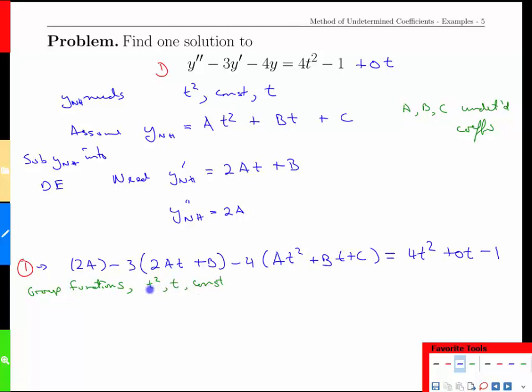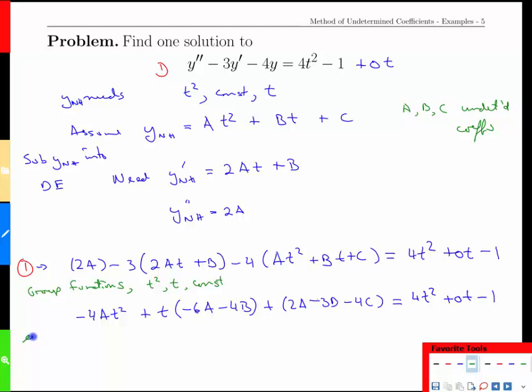But if we group by those functions, we're going to get minus 4a t squareds plus, let's do t's, we have minus 6at, minus 4bt there, and for the constants, we have 2a, minus 3b, minus 4c. That has to all equal 4t squareds plus 0t's minus 1.